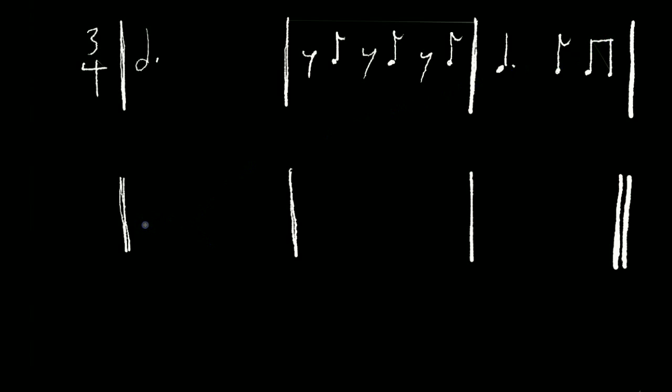And then here's something we haven't seen yet. Let's do a dotted quarter rest. And then we'll do a dotted quarter note. How about that? That looks good. Make that a bit cleaner. There.